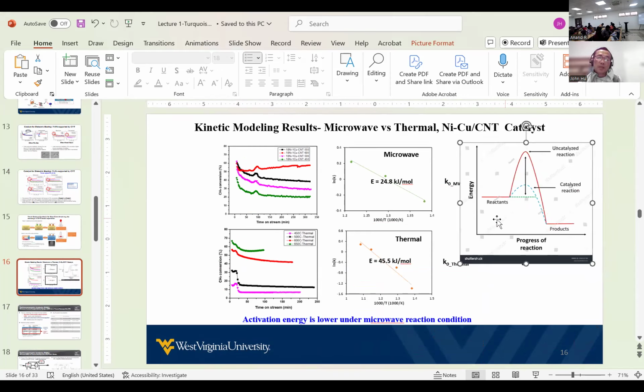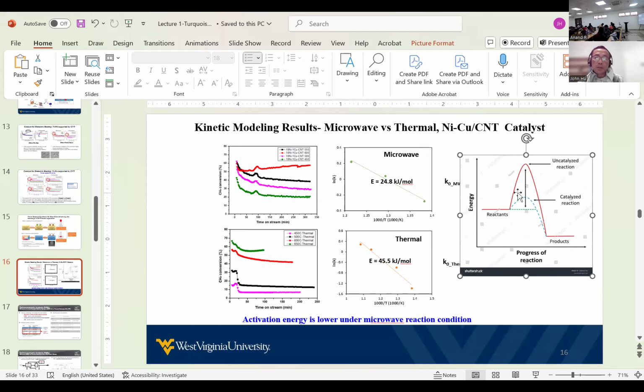So essentially, this graph shows, remember, we talked about activation energy. You have reactant, you have product. Without catalyst, you have to cross this mountain of activation energy. With the catalyst, you reduce the activation energy. That's why the catalytic reaction is so important.